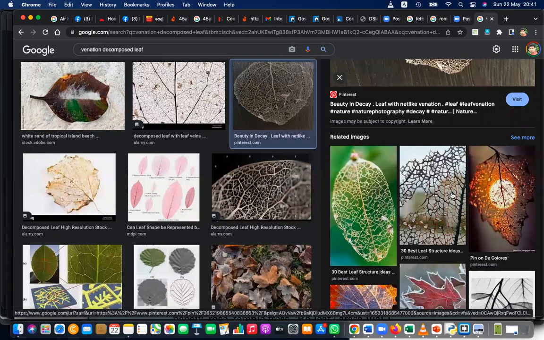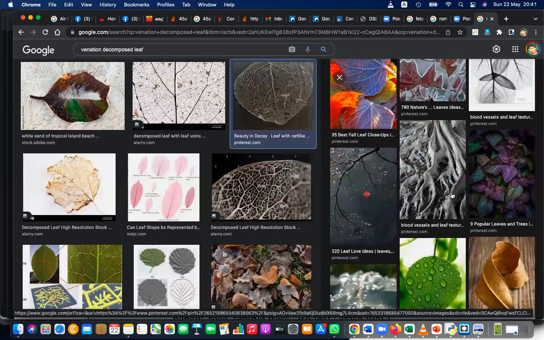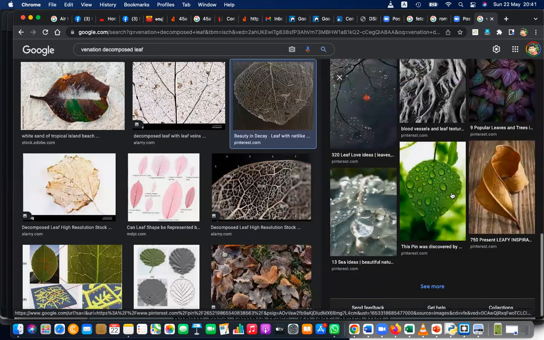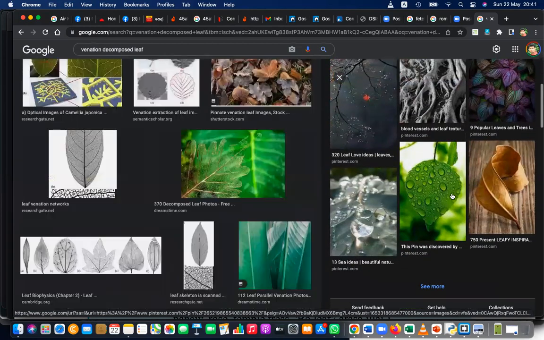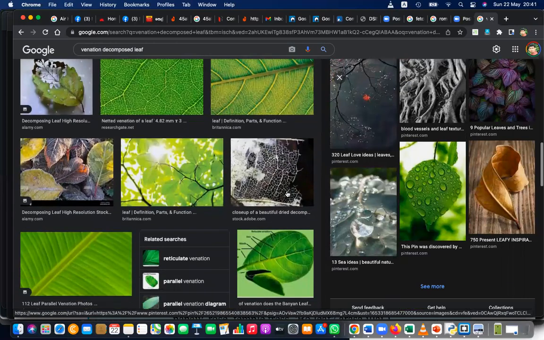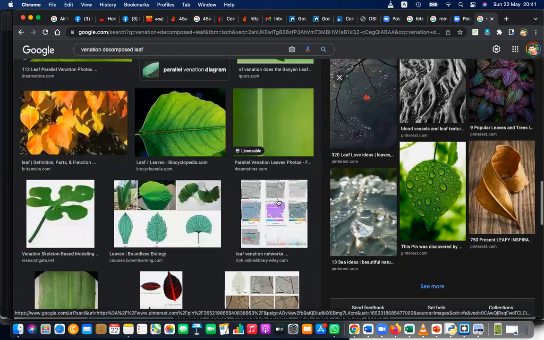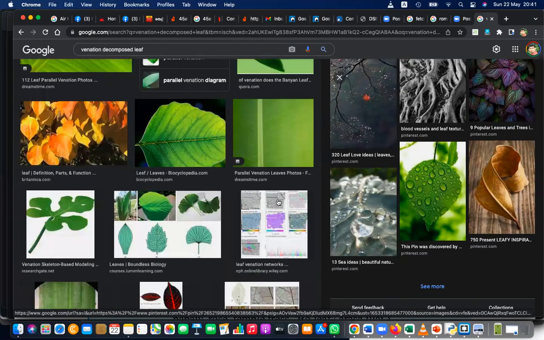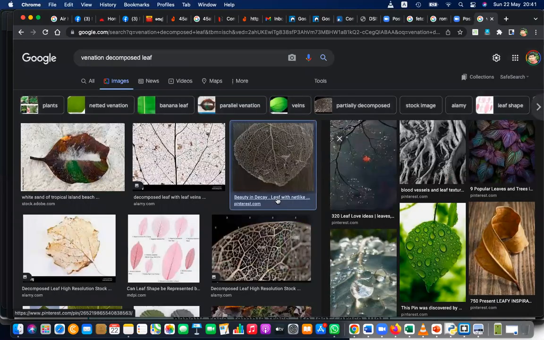You can do this, but you have to expedite the process with some chemicals, otherwise you have to wait for natural decomposition. That will keep the venation, and it can be used as art. Veins are hard, that's why they will be there for a long time.